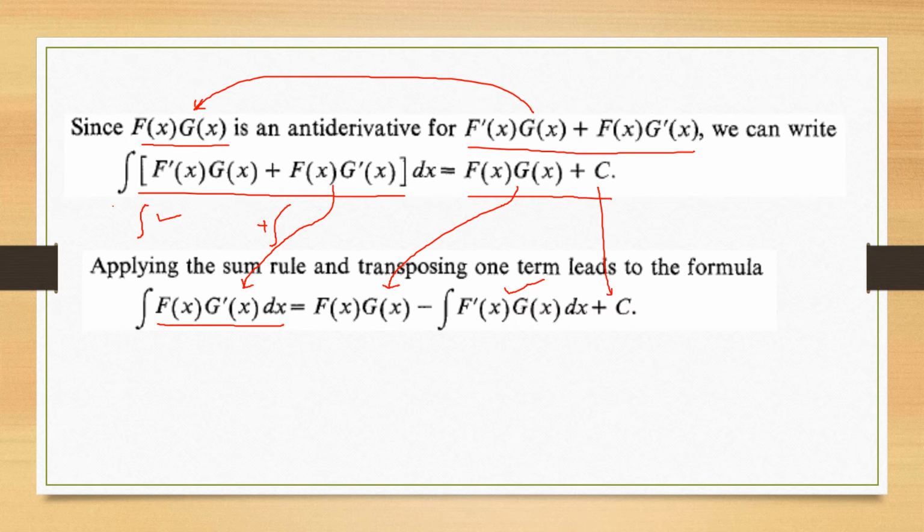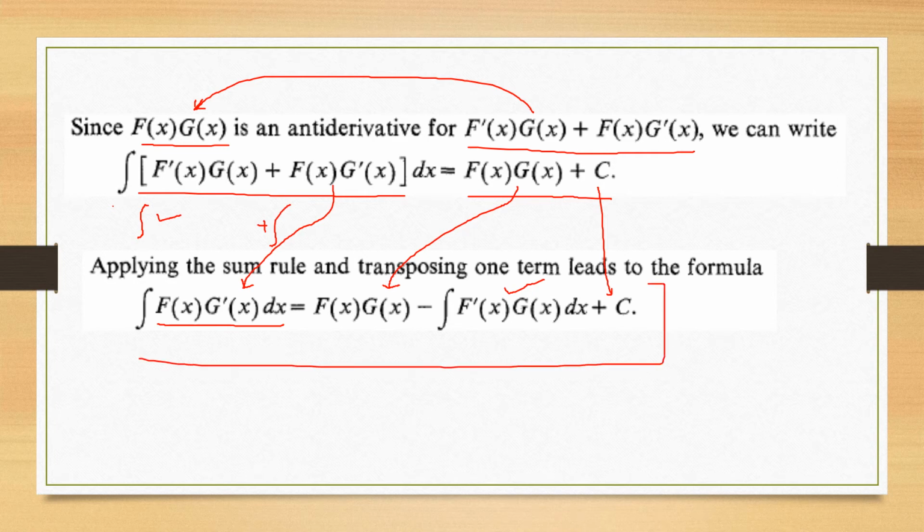We have used the product rule of differentiation and then integrated both sides using the rule of sum, and then shifted one term to the right hand side. We obtained this whole relation.